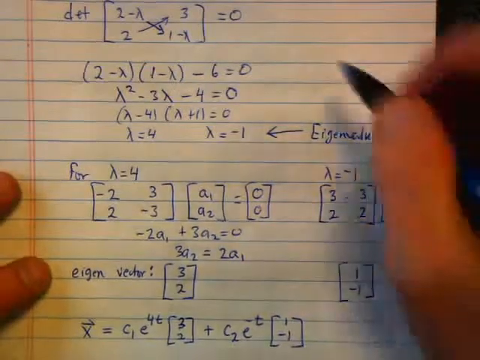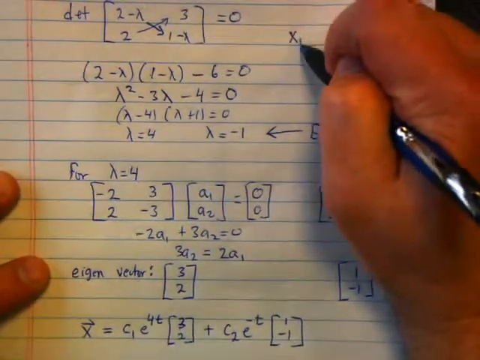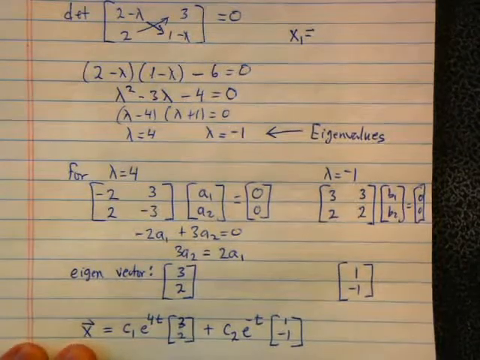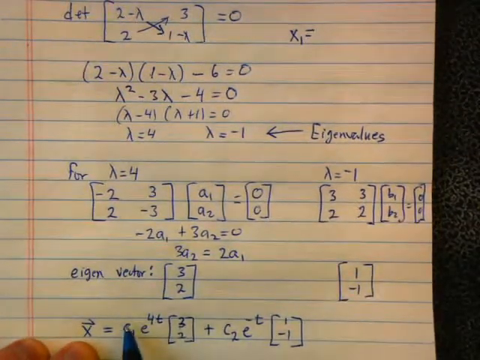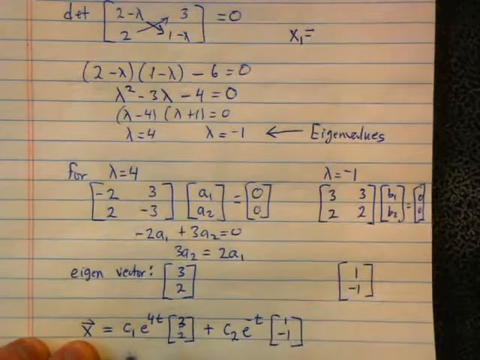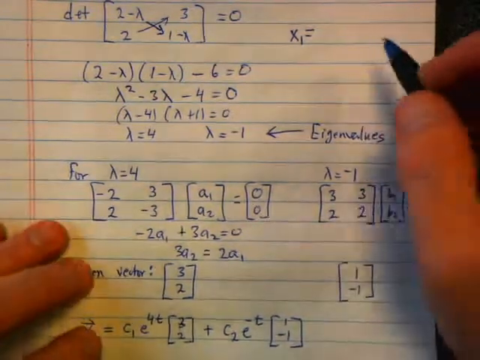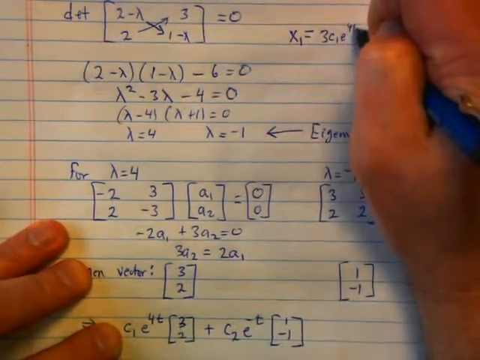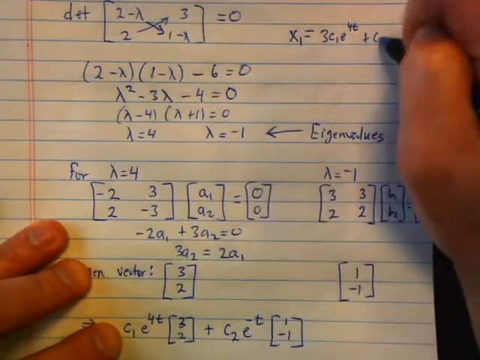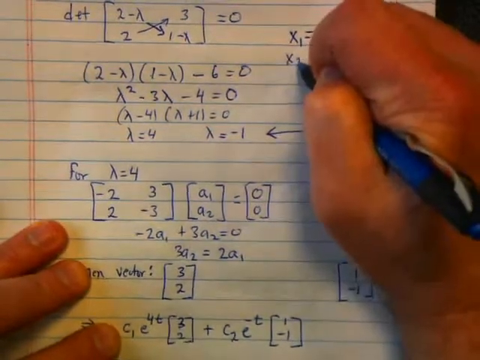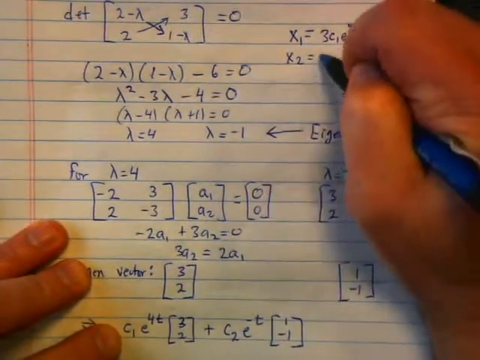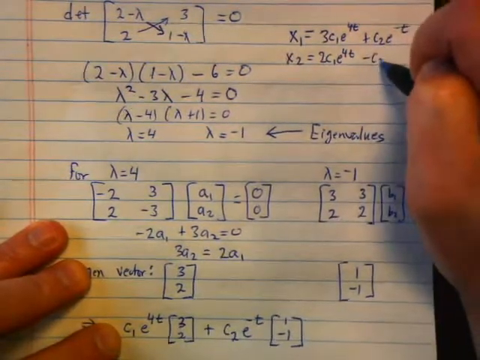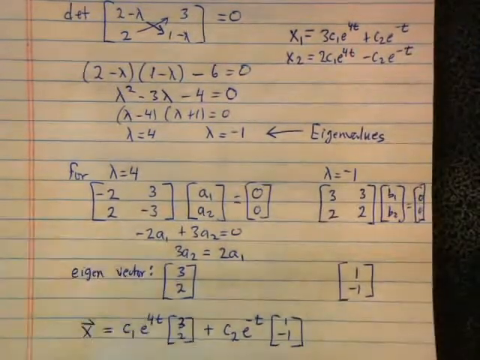You could write your answer as x1 equals. What would x1 be? x1 would be the top row, and x2 is the bottom row. So x1 is 3c1 e to the 4t plus c2 e to the negative t, and x2 is 2c1 e to the 4t minus c2 e to the negative t.